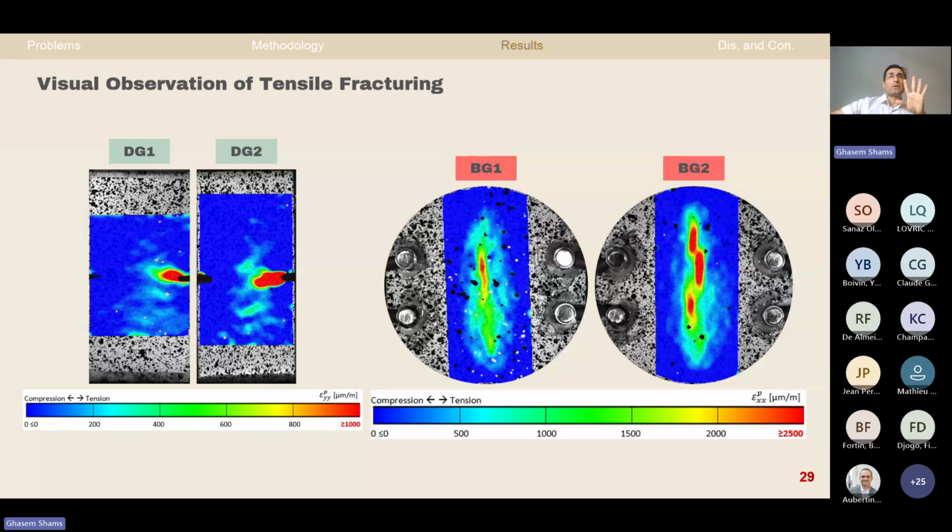On the left side, we have the direct tensile test. On the right side, we have the Brazilian test. We try to quantify and determine how much of this deformation or strain over the surface of the specimens is shear strain and how much is tensile strain.